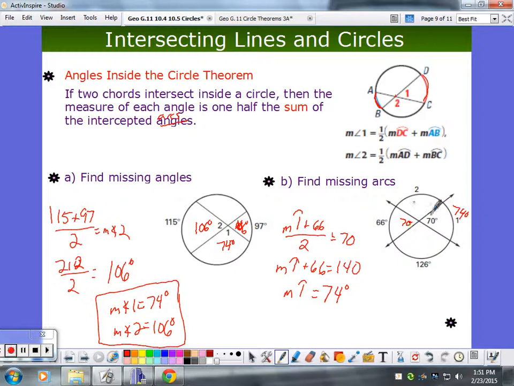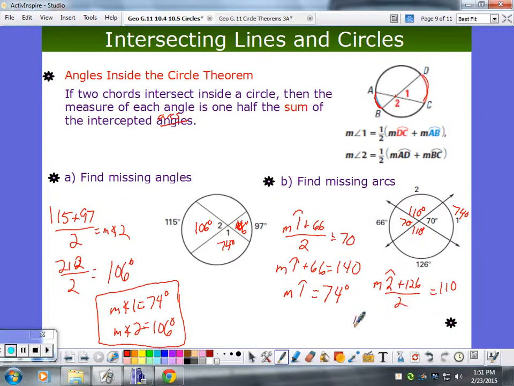But I have to find this missing arc as well. Now I have one arc, but I don't know this one. I don't have the angle. Or do I? Right? How am I going to find this angle right here? Linear pair postulate. So that this whole thing's 180 and this is 70 makes this one 110. Makes that one 110 also. So that means that if I add 126 plus that arc 2, so the measure of arc 2 plus 126 over 2 will give me that 110.